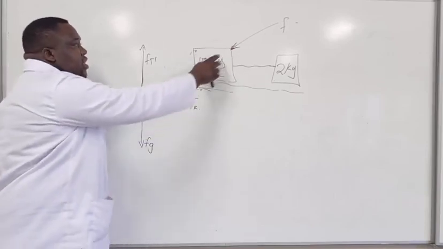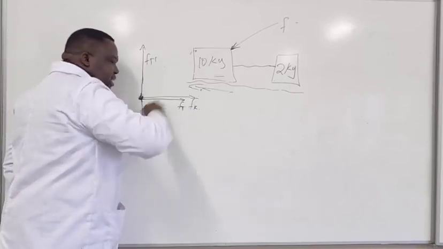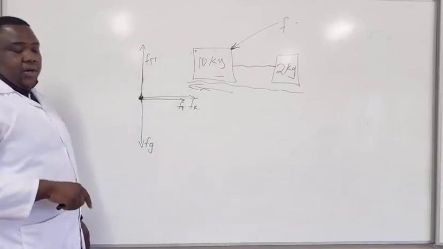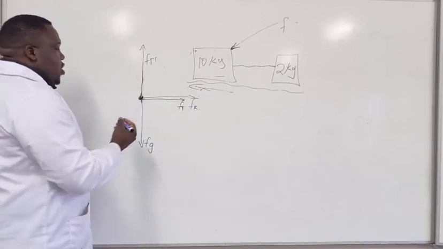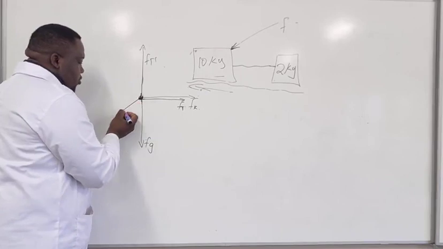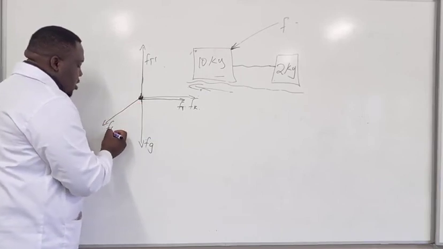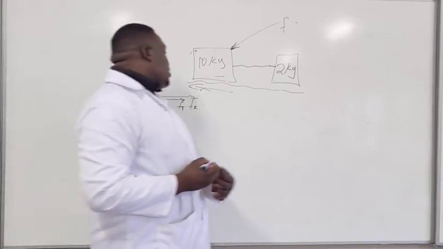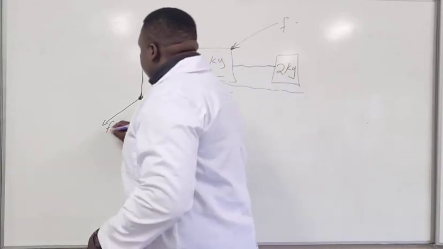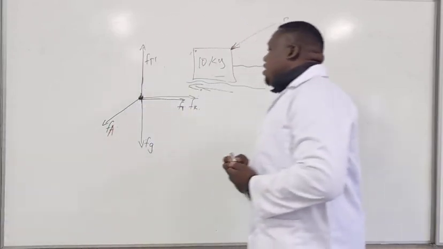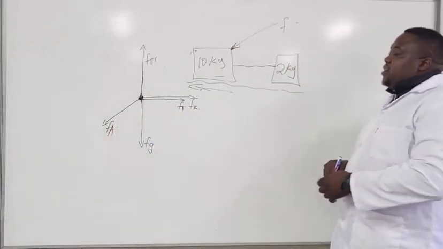It means this force is pushing the object downwards. So the force is going down, and we're going to draw that force just like this. Apply force. Because what am I writing? Fa. I must write Fa, not Fn.